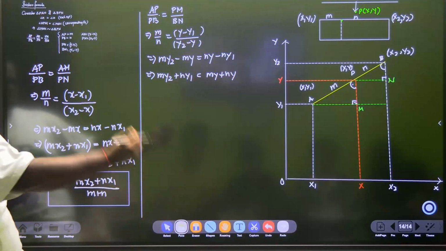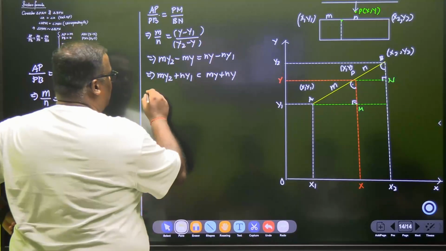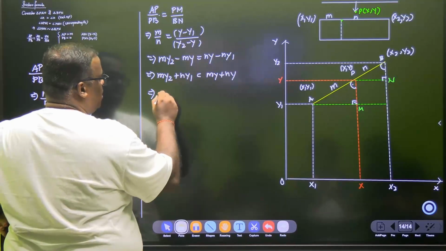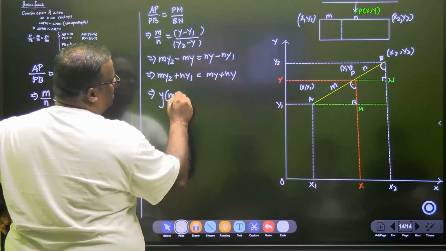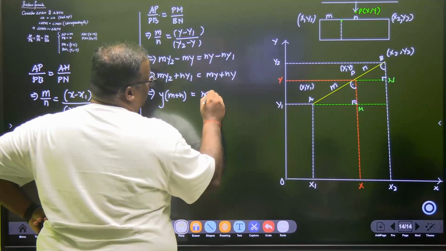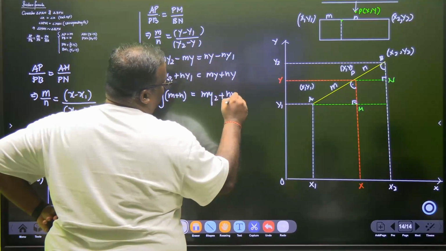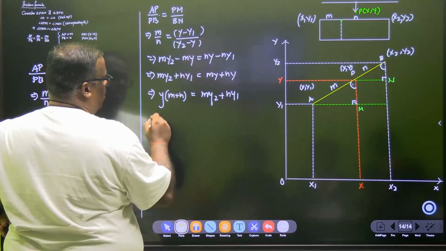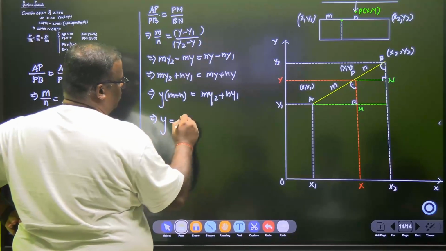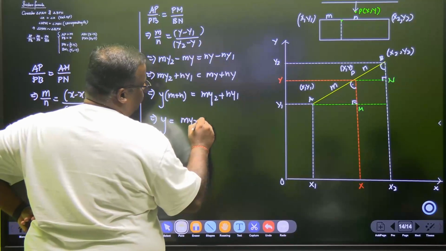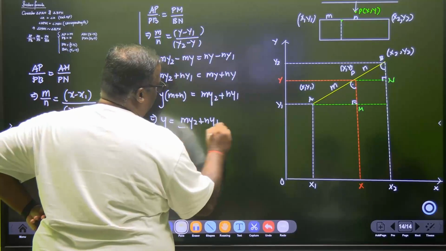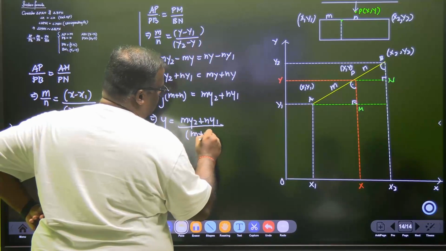And now taking y common, I get Y into M plus N is equal to MY2 plus NY1, or Y is equal to MY2 plus NY1 divided by M plus N.